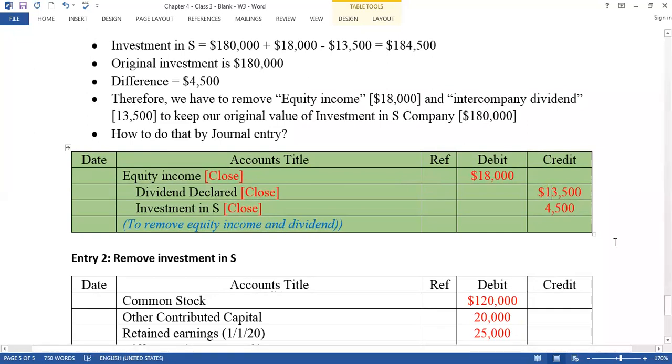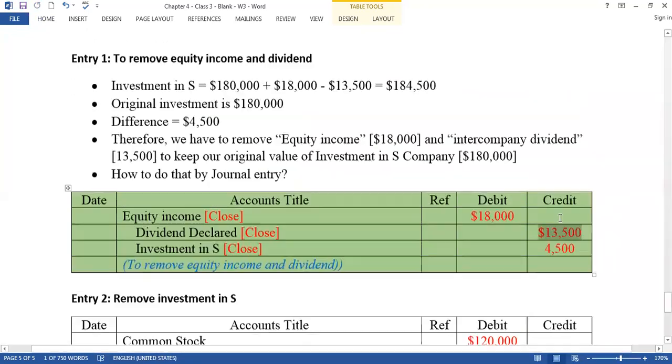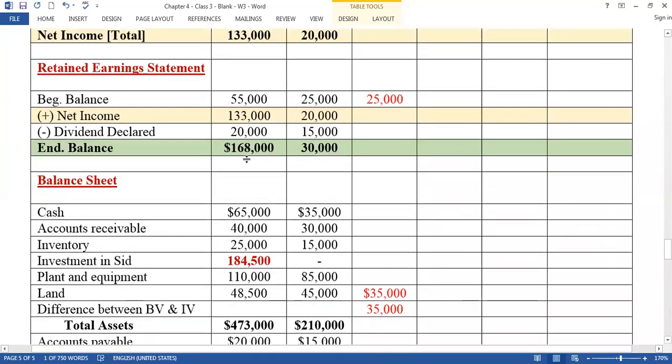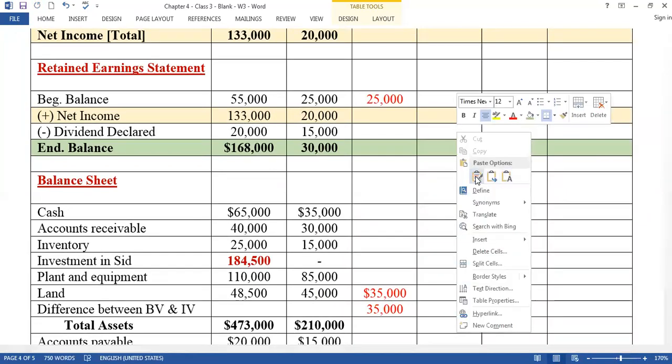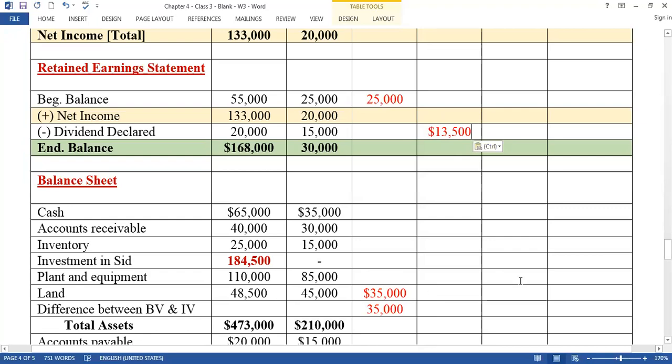So 13,500 debit, sorry, now credit. This is the dividend declared, and this is credit, 13,500.